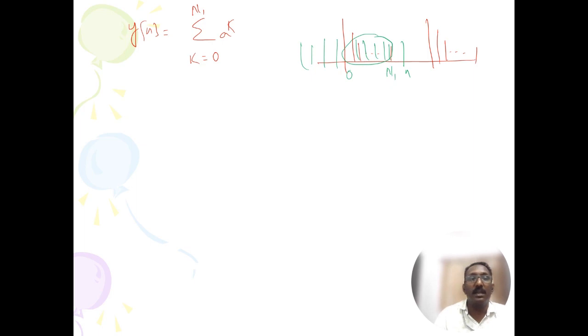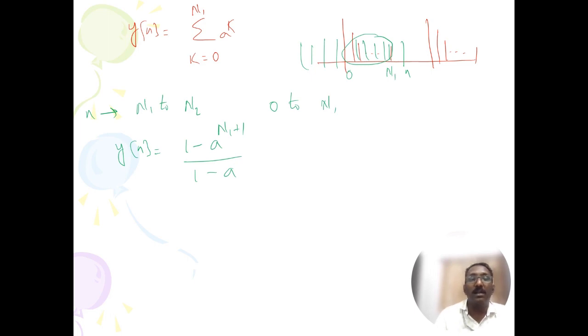As long as n value lies in between n1 to n2, the overlap portion is from 0 to n1 only. So in this case, y of n value will be equal to this one. If we simplify this, 1 minus a power n1 plus 1 by 1 minus a.